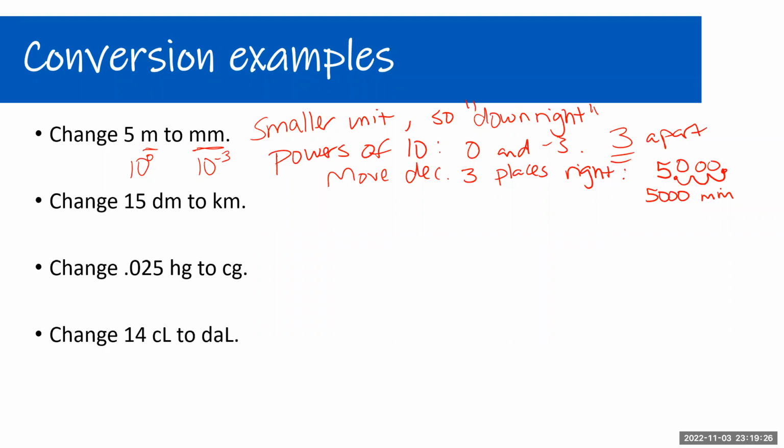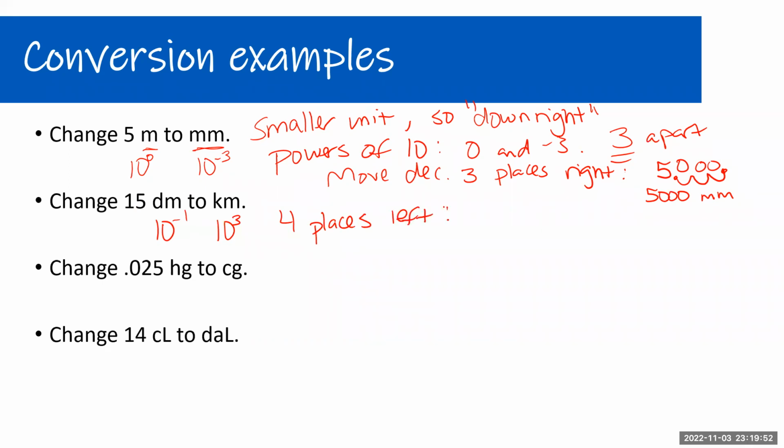For the next one, we want to change 15 decimeters to kilometers. We know that 15 decimeters is going to be 10 to the negative 1. And kilometers is going to be 10 to the 3. This is 4 places. And we're going from a smaller to a larger unit, so we're going to move it left.